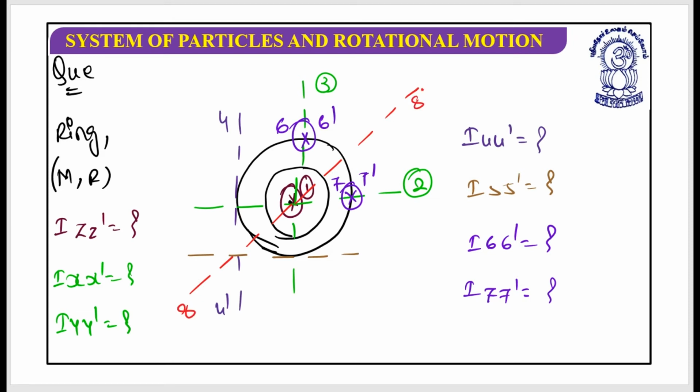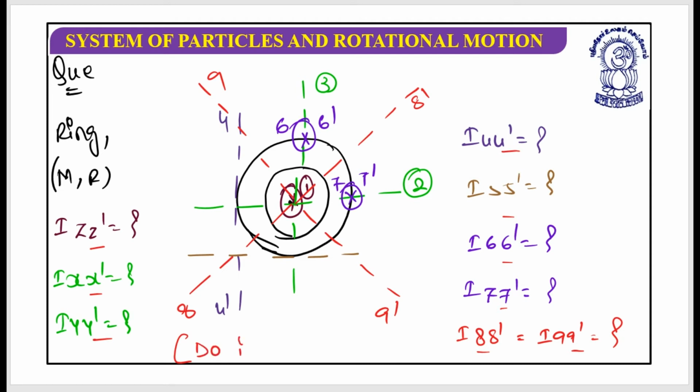Let me write it down as 8 8 dash. So this is I 8 8 dash, as well as this is 9 9 dash. So I 8 8 dash and I 9 9 dash would be what? This is the requirement. You need to do it one by one. This is basically the combined question of 9 questions. Please do it on your own, do it yourself.